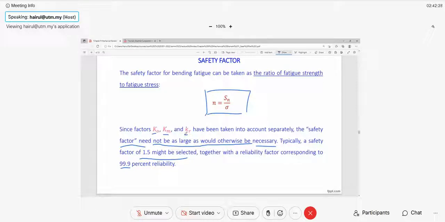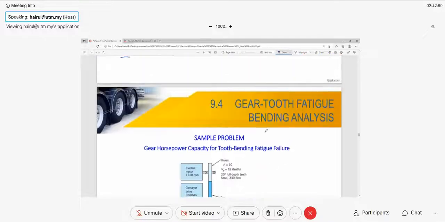Okay, because with the KR, let's say go for 99.9, you expect high reliability. So when you calculate your safety factor, it need not be too much. About 1.5, 1.6, 1.7 for gears is quite okay, but not 1.1, 1.2, no, because that is close to the border of failure.